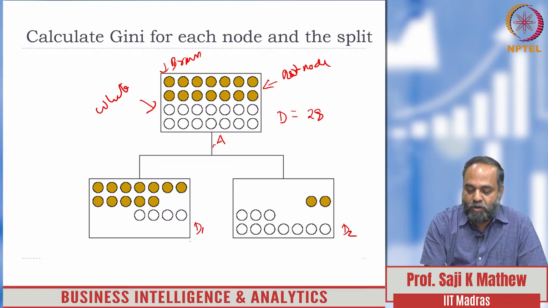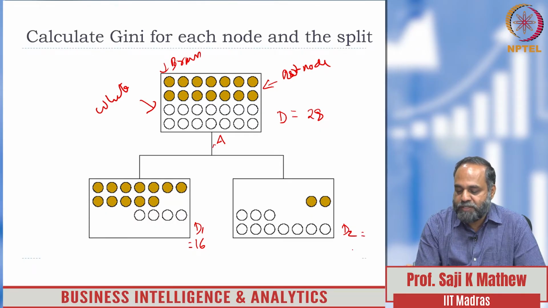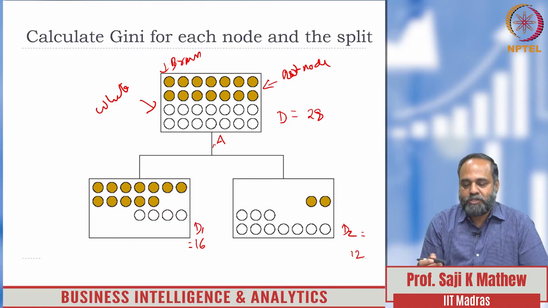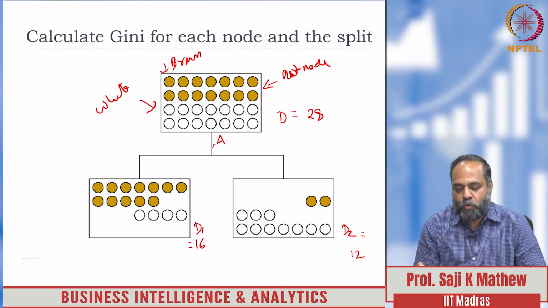The size of the left node D1 is 7 plus 5, 12, 12 plus 4, 16, and the size of D2 is of course the remaining, 28 minus 16, which is 12. So we got a sense of sizes that will actually help us compute the Gini score of the split.